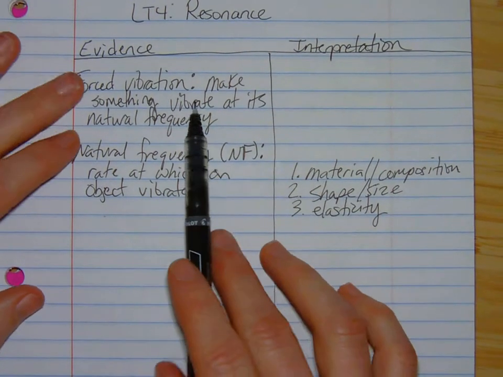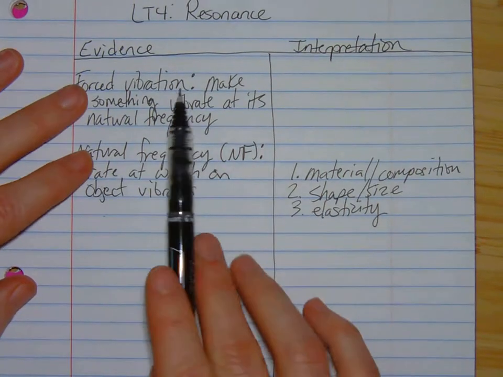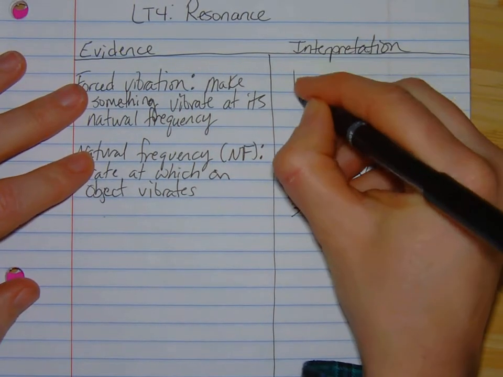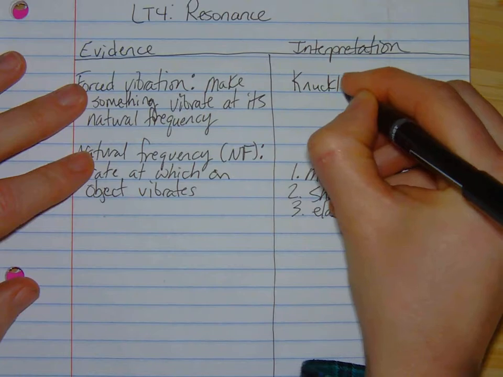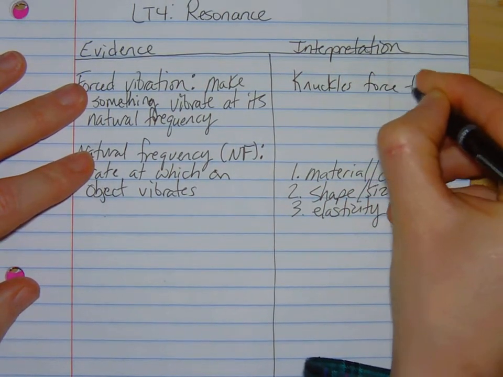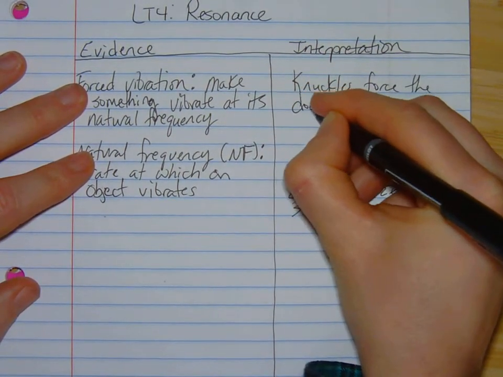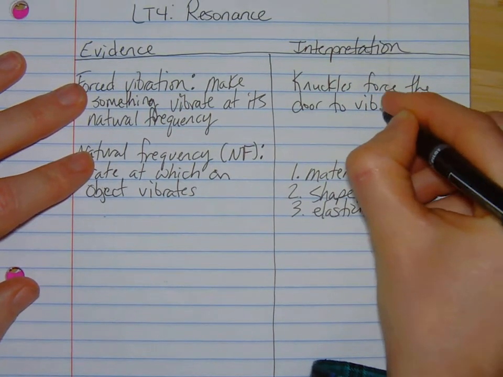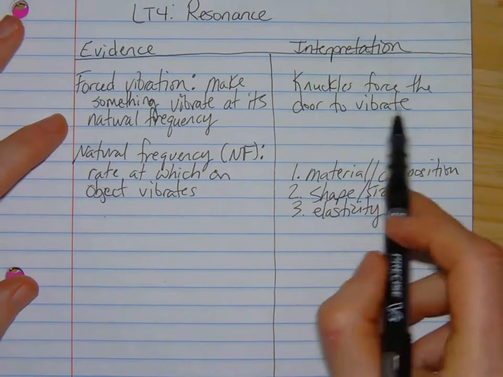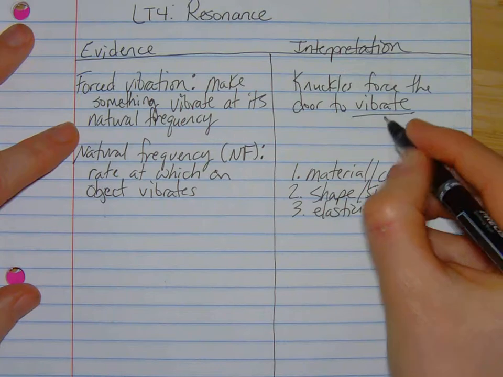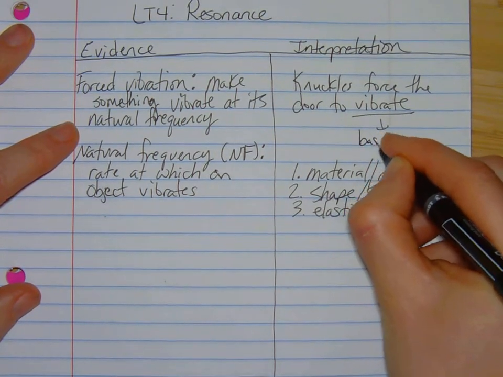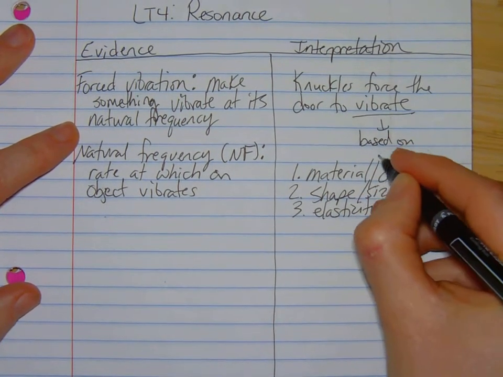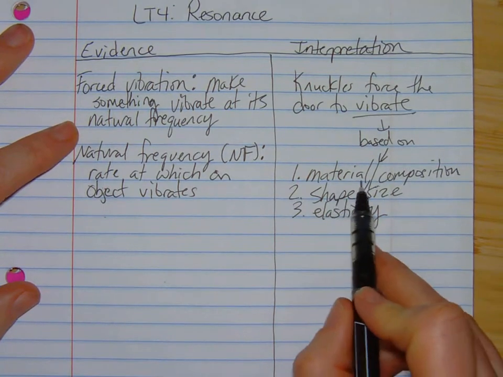So let's think about it in terms of knocking on the door. The forced vibration is the knuckles force the door to vibrate. Now, the noise, the sound the door makes, that is based on, is it a wood door?